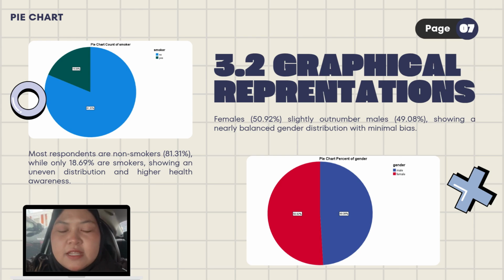Next, the pie chart for gender shows that females account for 50.92%, while males represent 49.08%. This means the gender distribution is almost equal, with only a slight difference. Because of this balance, the dataset is not biased toward any particular gender.